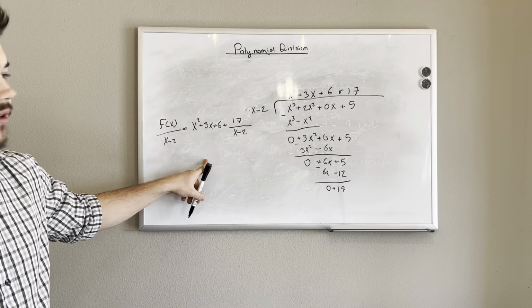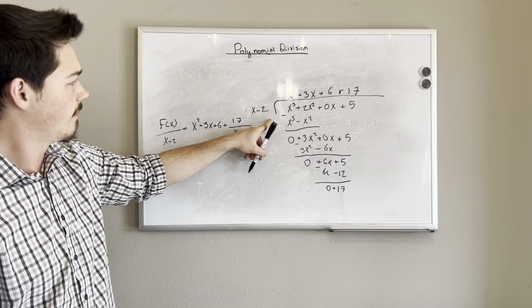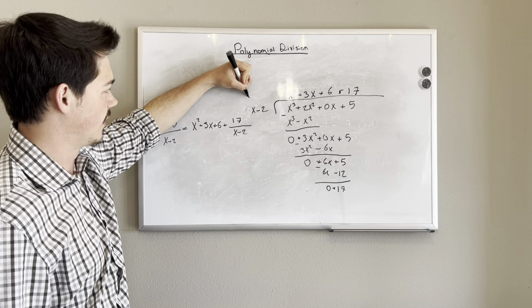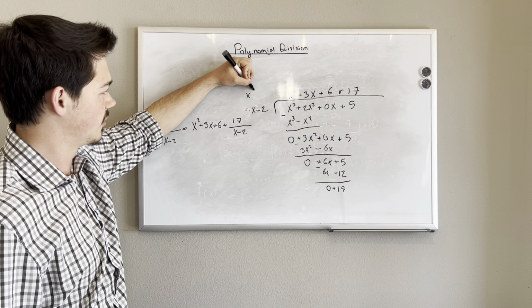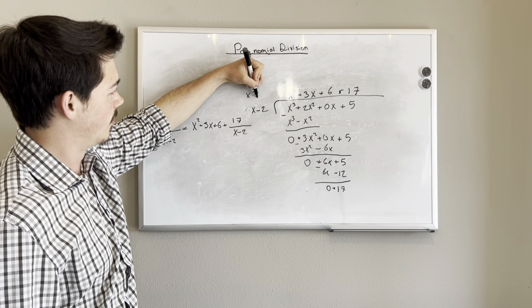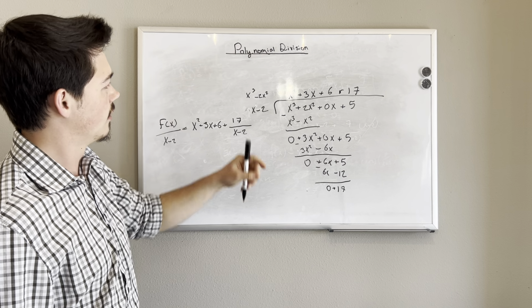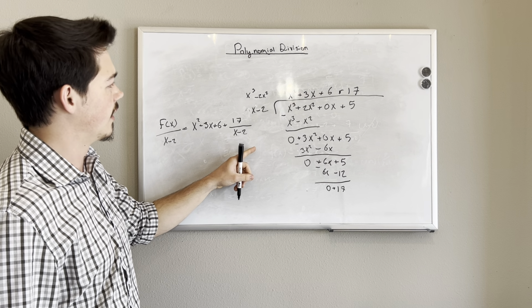Should have, let's see, so it should be x squared, that is x cubed minus 2x squared. That's where I messed up.